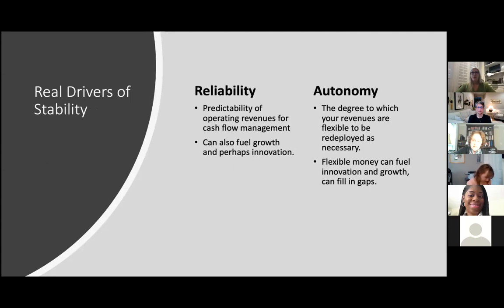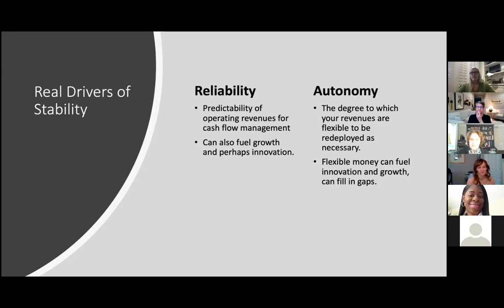So you could have a source, let's just say government money, and it could be very predictable in terms of, we get this contract for 200,000, it has an X admin rate, and we understand what we are to deliver with that and how we are to deliver that impact. And we are comfortable with the amount of money that it requires for management and accounting and reporting and all of that kind of thing.